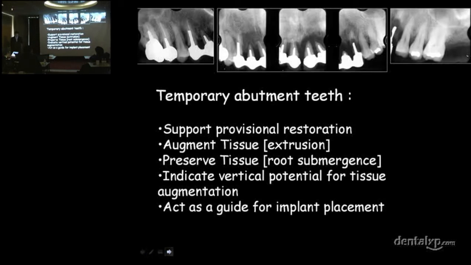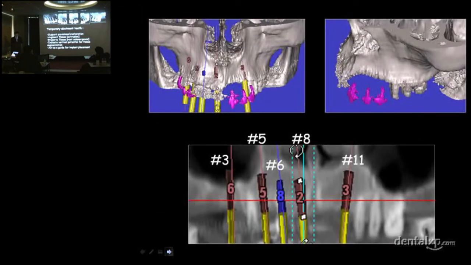Therefore, the provisional restoration and also the selection of temporary abutment teeth become very important. Temporary abutments are not only for supporting restoration, but also for performing other crucial functions. The canine number 6 was used to support the provisional restoration and to help preserve the peak between number 6 and number 5.